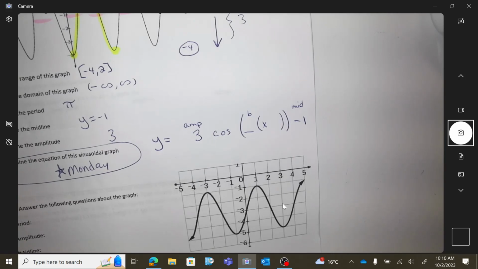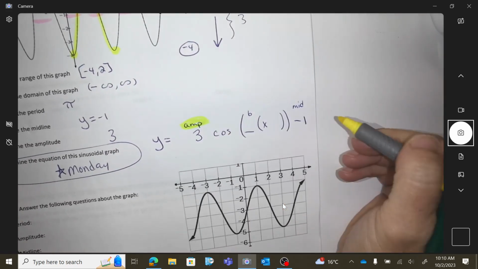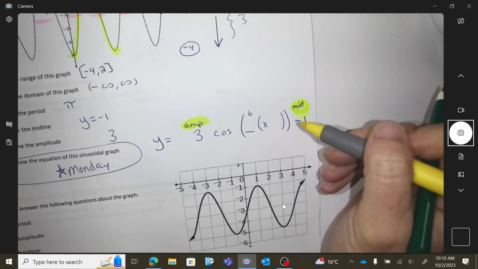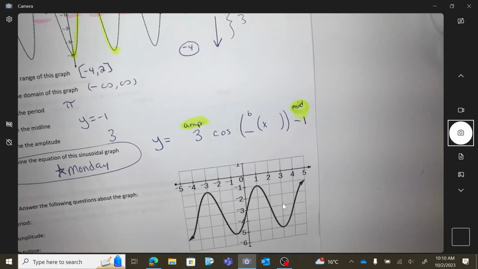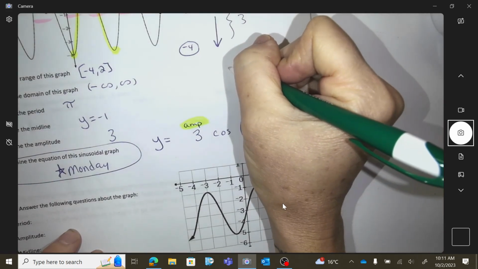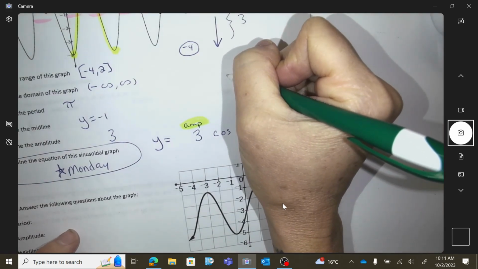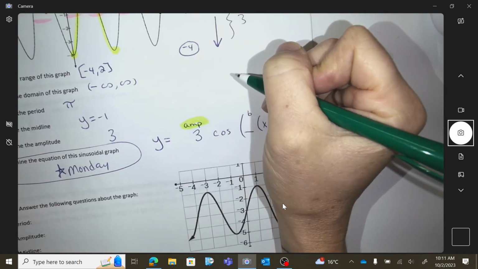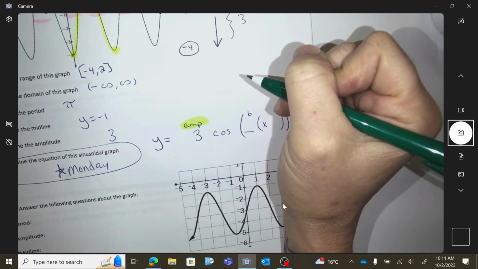Okay, so amplitude, midline. That's where you put those in the equation. That's where you would always see them. And here's what we do with our B. You ready? Something you're going to have to memorize. Our normal cycle on a circle is 360 degrees, right?